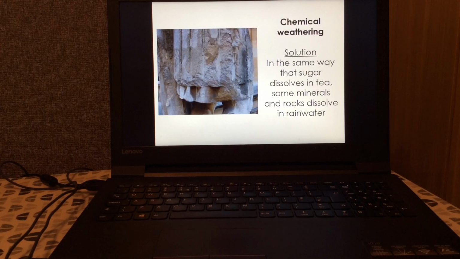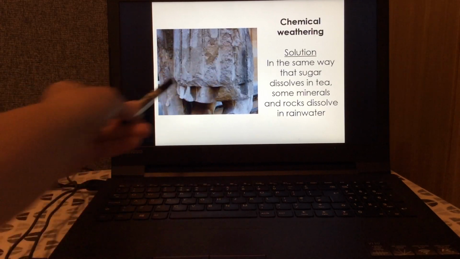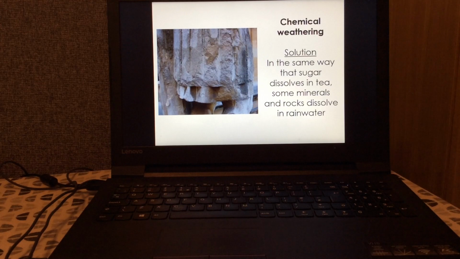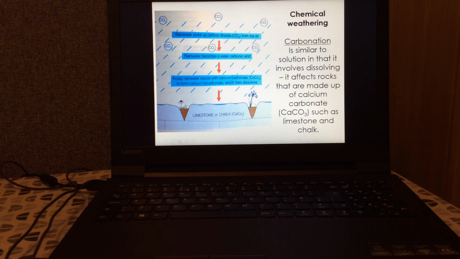So you get this kind of effect like you can see in the picture here, almost like the rock is melting away here. This is quite commonly seen on things like some buildings and gravestones as well. And that's an example of chemical weathering.